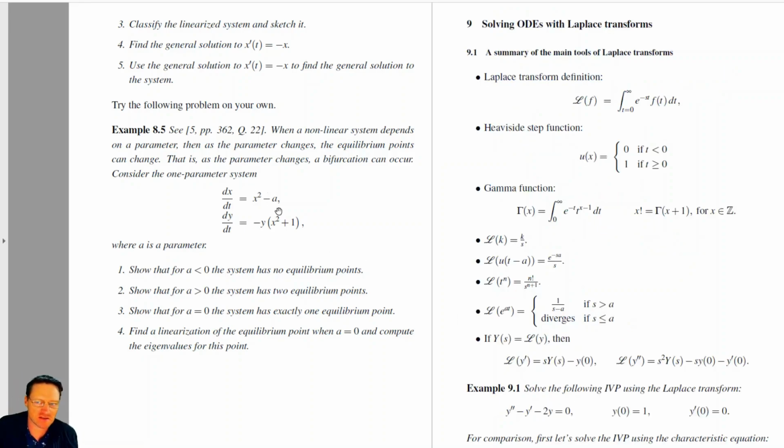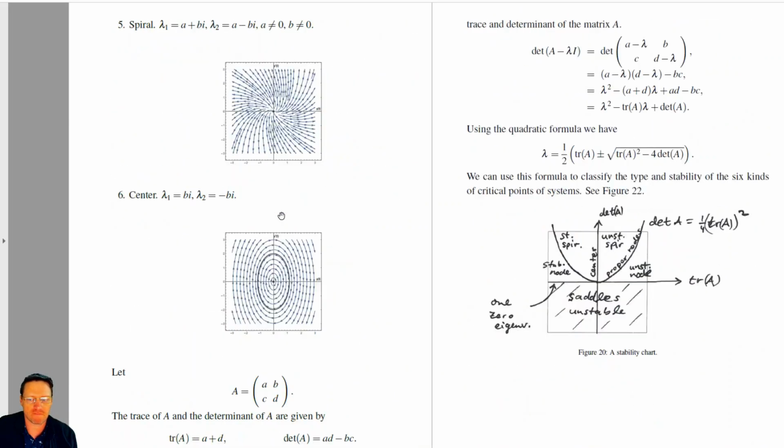Okay, let's go back to the stability chart. We said trace is negative and determinant is 0, so it's on the trace axis. So that says we've got a 0 eigenvalue, and so this is some kind of node, right, with a line of critical points, I believe.